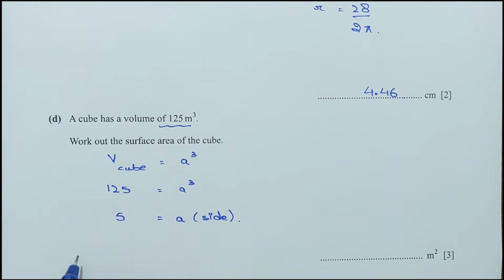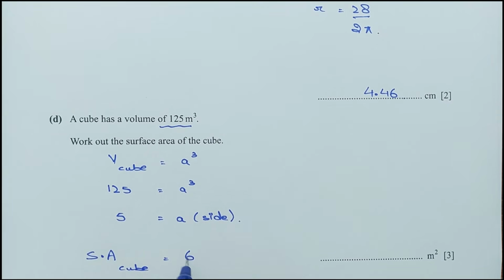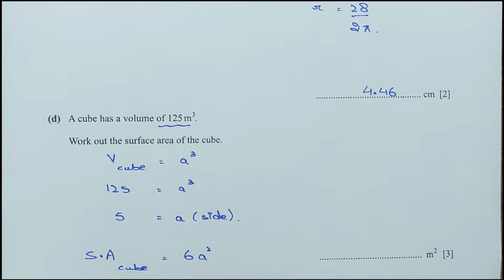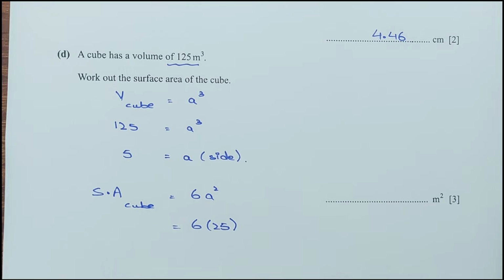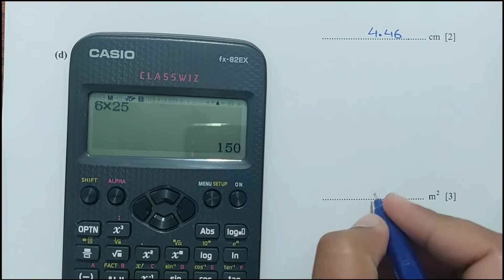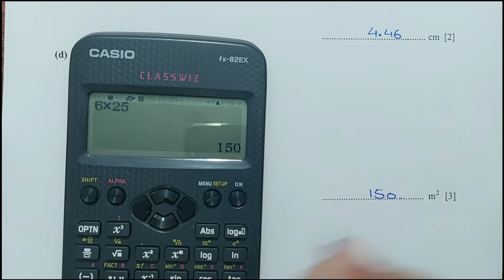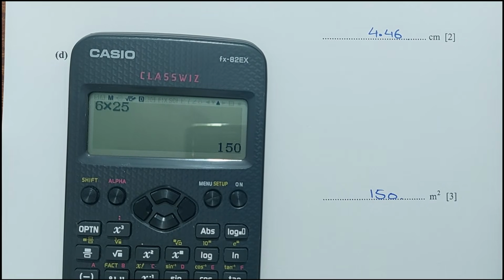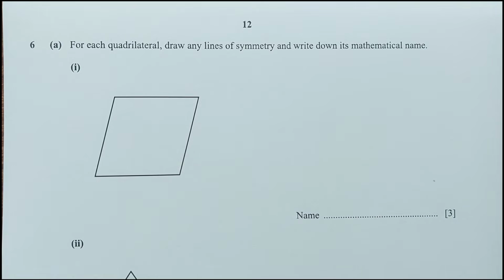Now the surface area of a cube has a formula 6a square, 6 times side square. 5 square is 25, so 6 times 25 is 150 meter square.